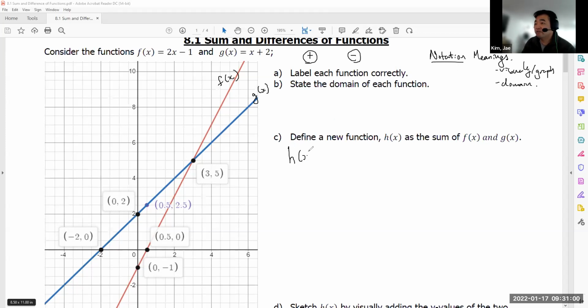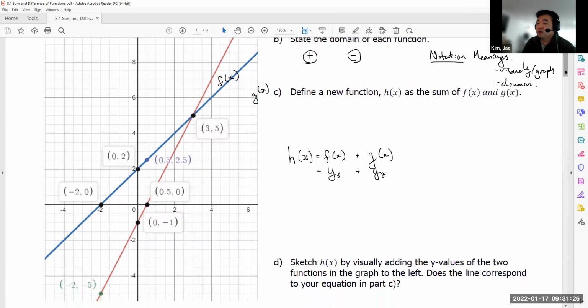We are going to have h of x being f and g, which is, again, the y value for the f function plus the y value of the g function. So yes, I don't do this yet, but let's just get into the meat of it before I do the extra details.